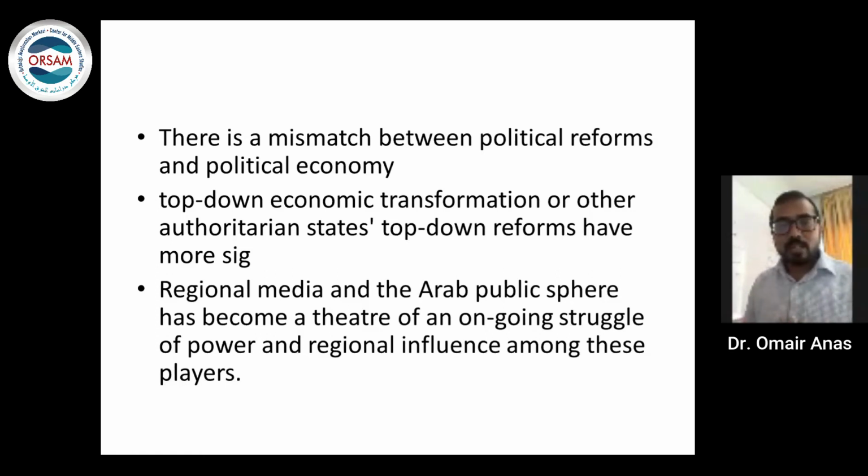And if the relation between the state and the local population decreases, which means the local population does not have enough trust in the ruling class, the ruling family, it means that Saudi society and politics is going to be weaker and weaker.